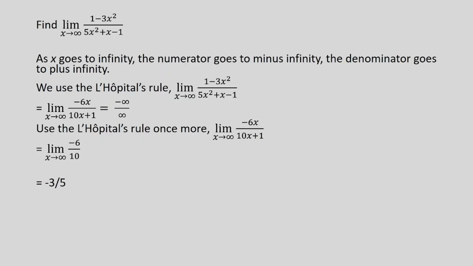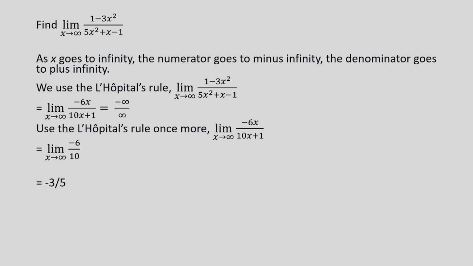Okay, here is another example. Here, instead of 0 by 0 form, you have another kind of form coming up. You have the limit as x goes to infinity of a quotient, 1 minus 3x squared divided by 5x squared plus x minus 1.